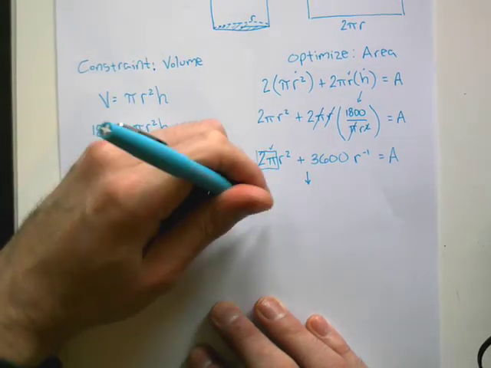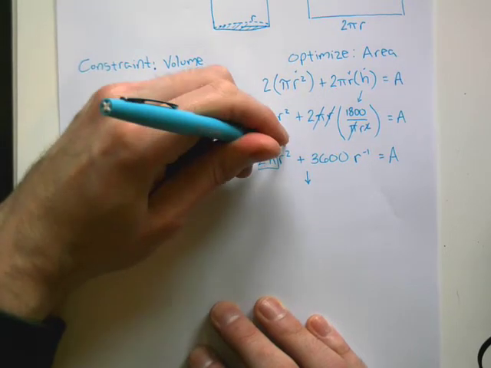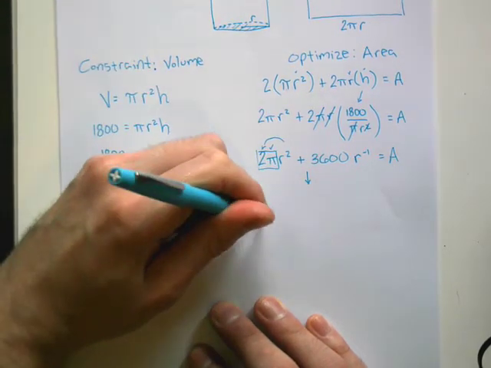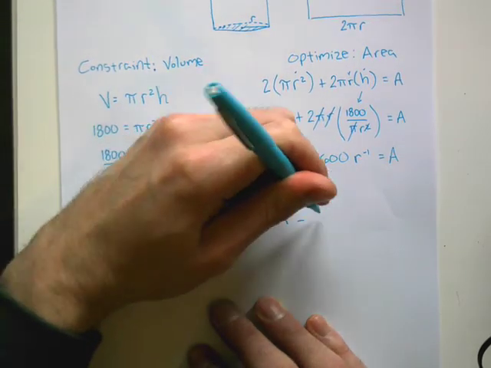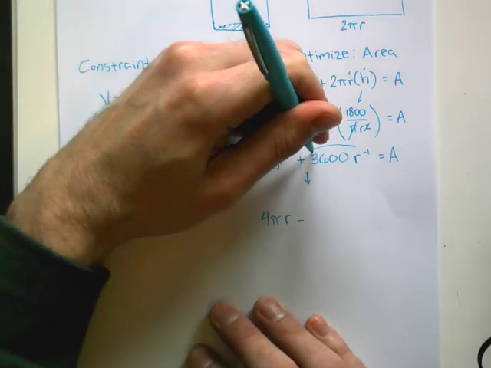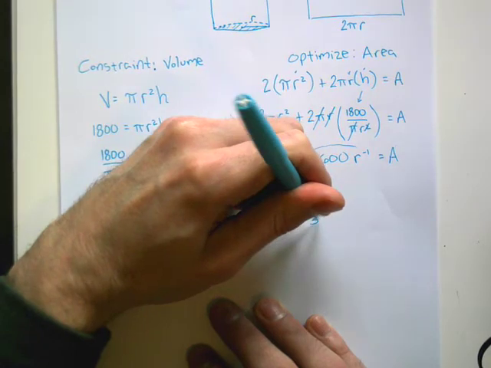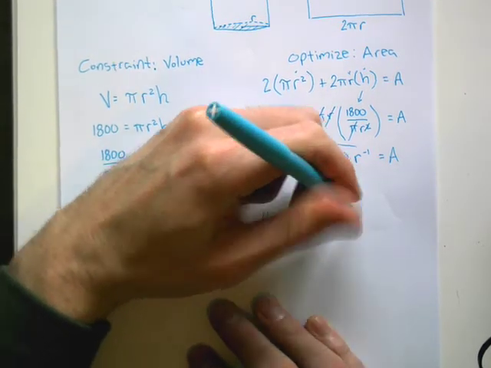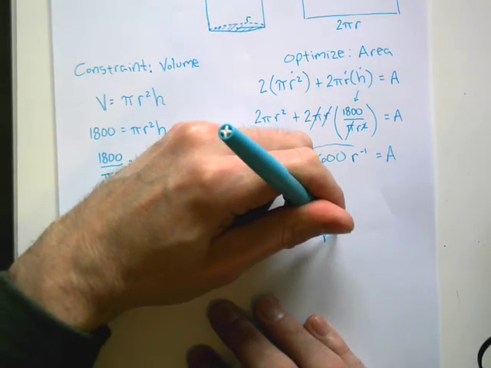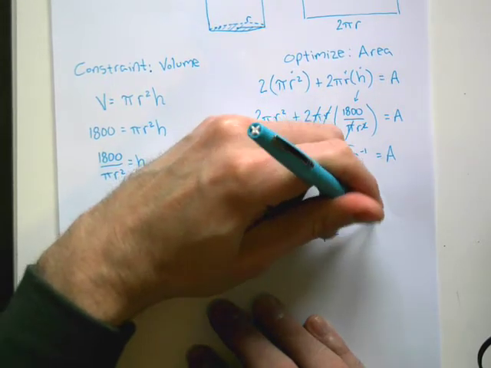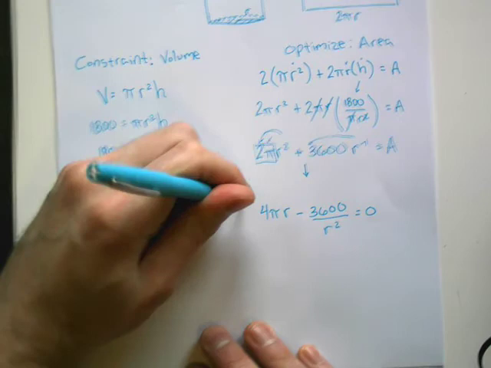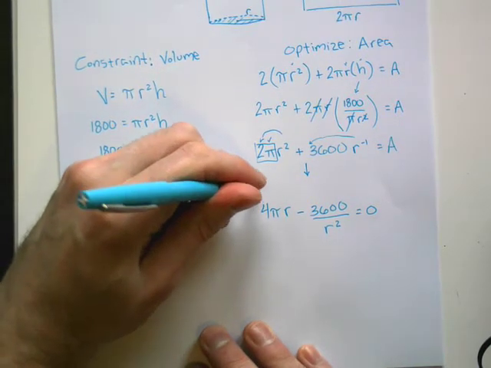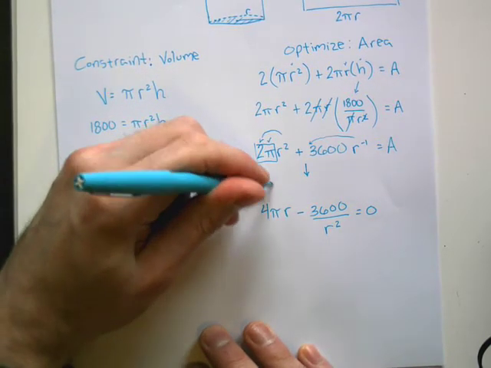When I take the derivative, I bring this 2 out front, and it would be 4 pi r minus, because I take this out front, 3600 r to the negative 2, which I'm just going to put in the denominator as r to the positive 2, equals 0. So that's my derivative. This is my A prime of r.